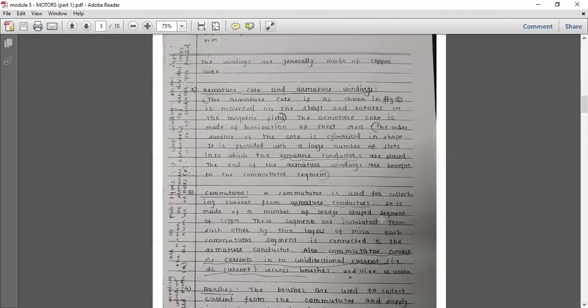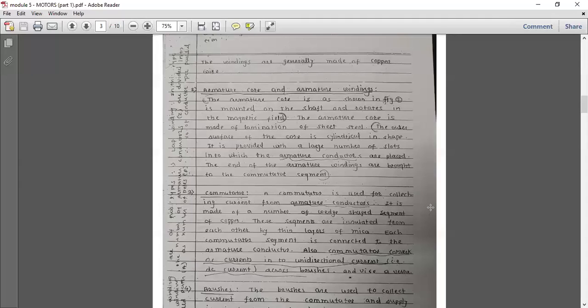It is used for collecting the current from armature conductors. Can you see the armature conductors explained above the armature core, where in the armature core the armature conductors are placed, and which deal with an end of the commutator. So I can say that a commutator is used for collecting the current from armature conductors.